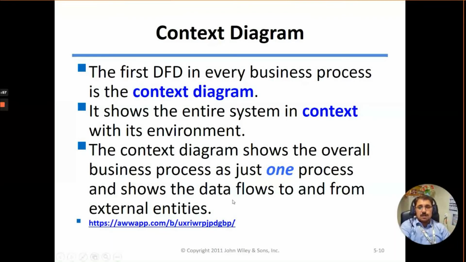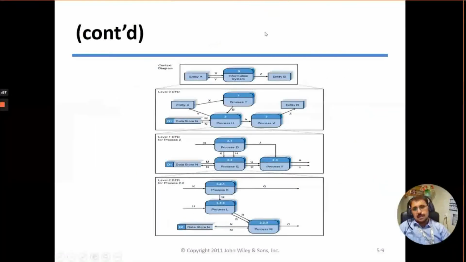Let's go to the diagram now, then you will understand. In this case, this part is called the context diagram. Quite generally, entity A starts the activity, and this is the information system.